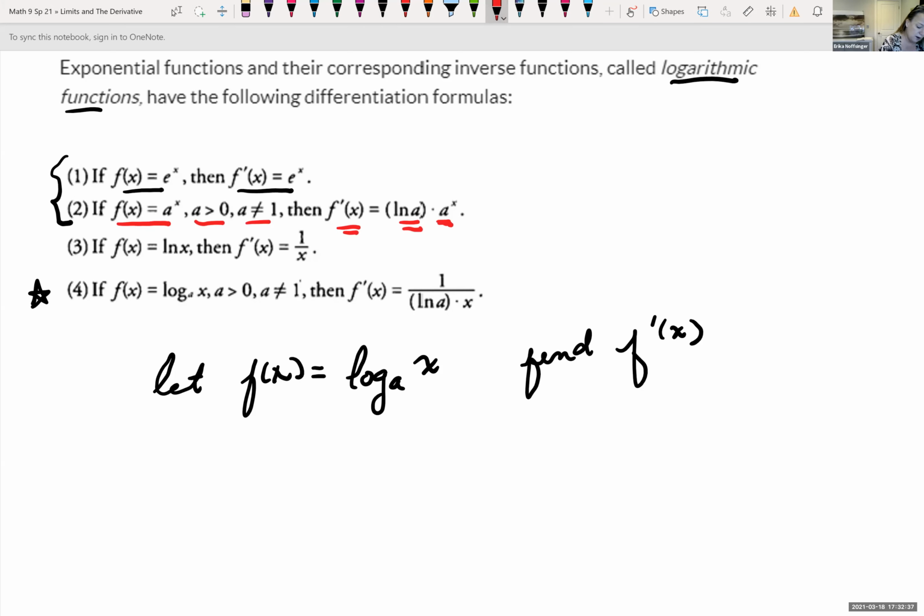This says take our base a, raise it to the other side, f of x, and that is equal to whatever you were taking the log of, in this case x. So I'm just rewriting this using the definition of logs. It means the same thing, just rewritten differently. Now let's take the derivative of both sides.